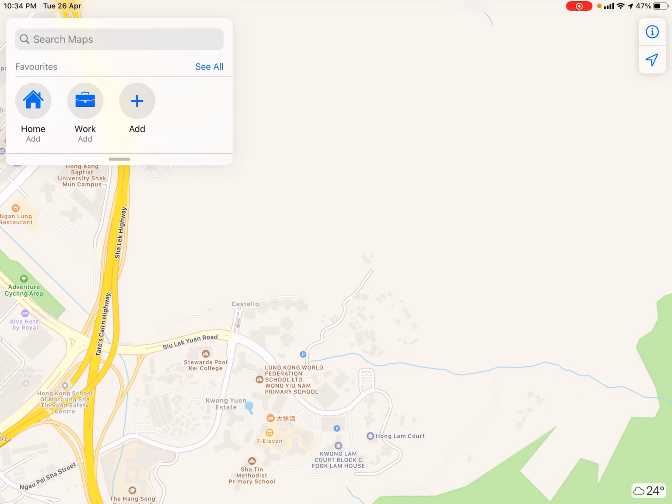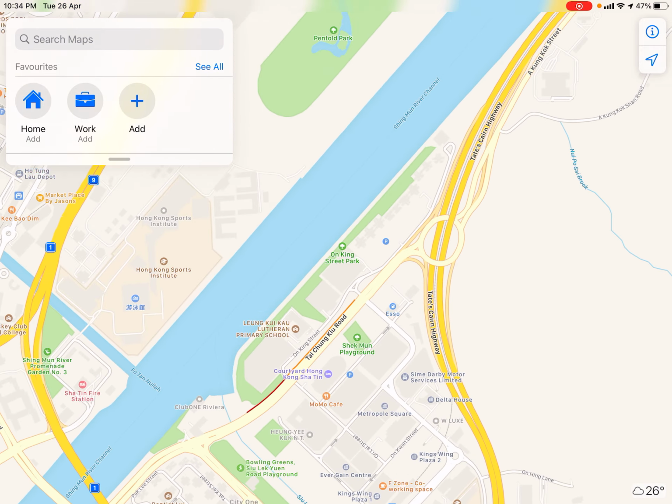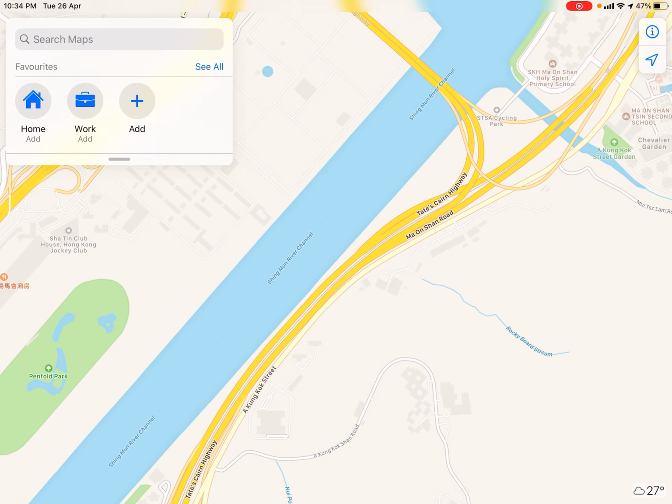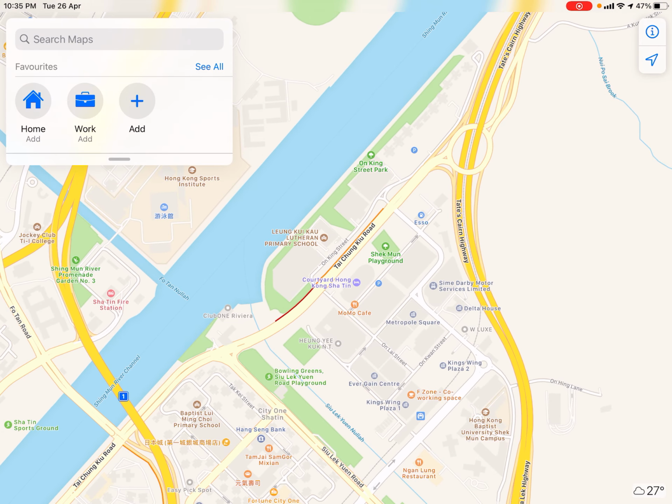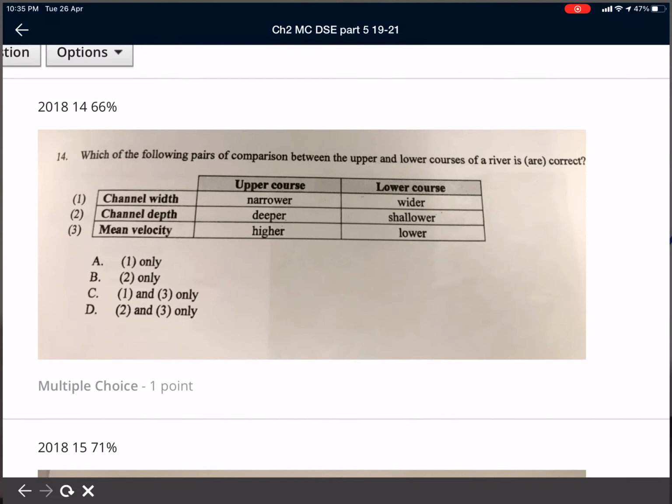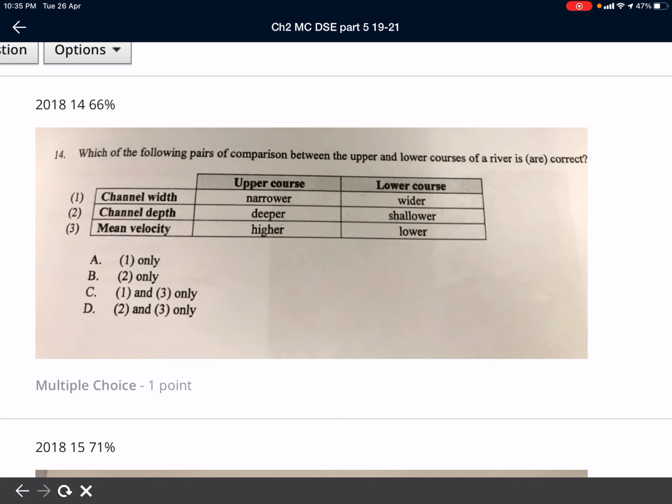When it comes to the lower course like Shing Mun River, it's relatively wider. So this is talking about narrower in the upper course and wider in the lower course. So number one is correct.